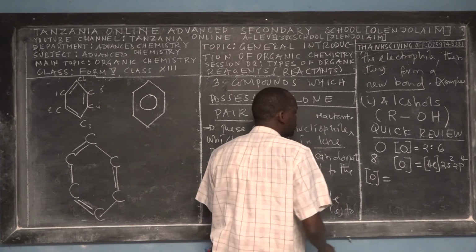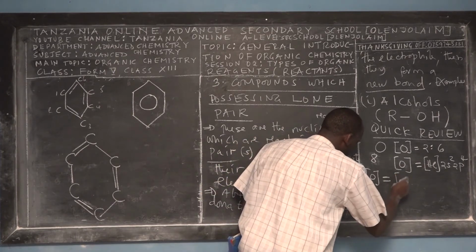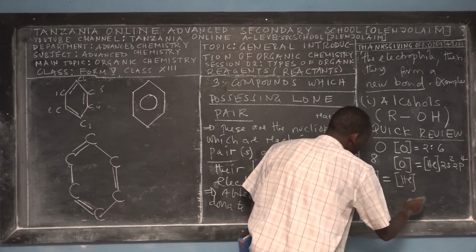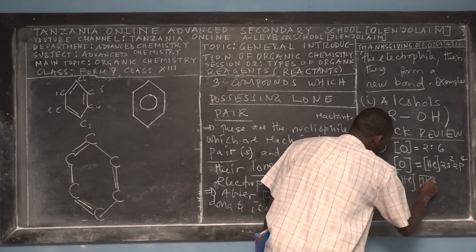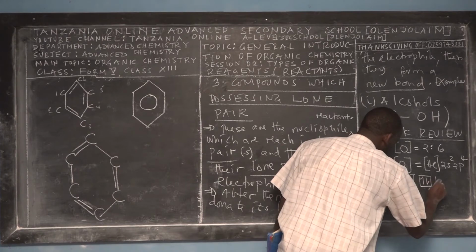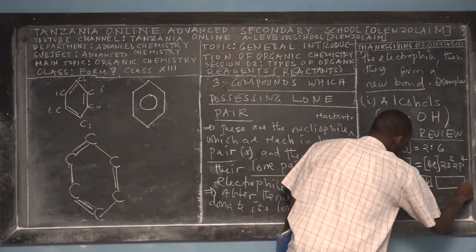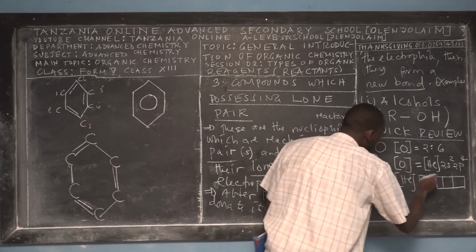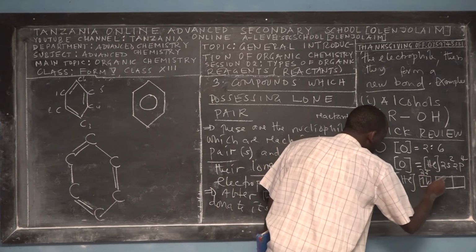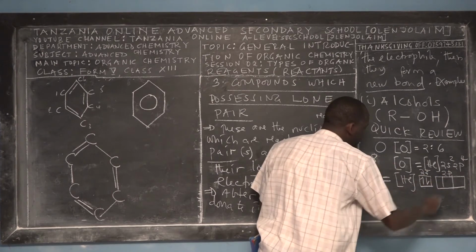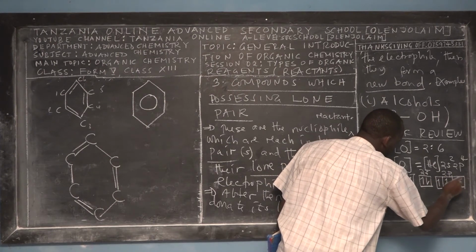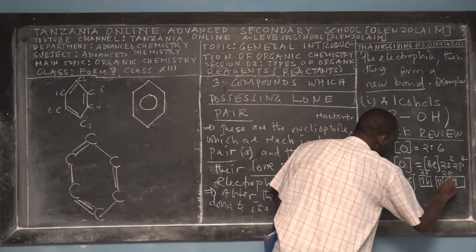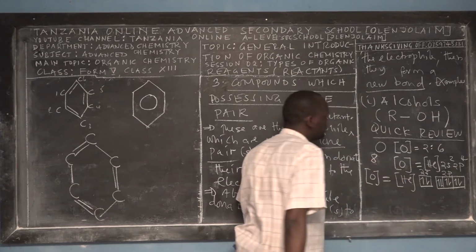By using the orbital method, we say this is helium, and then here we have the full pair orbital, this is the 2s orbital, and this is the 2p orbital. So you have 4 electrons: 1, 2, 3.